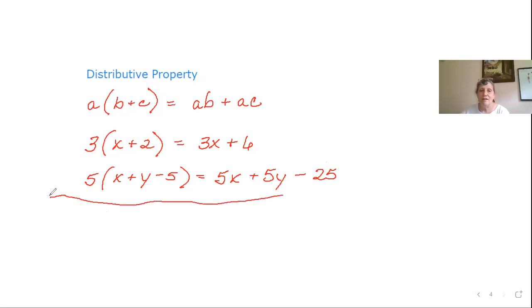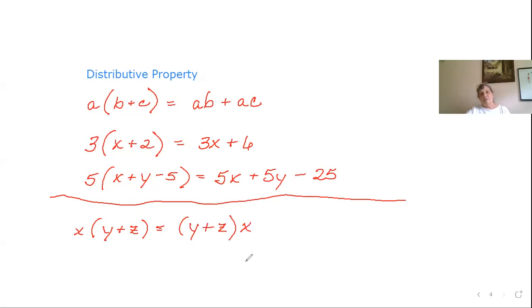What if we had x times y plus z equals y plus z times x? Is this an example of the distributive property?